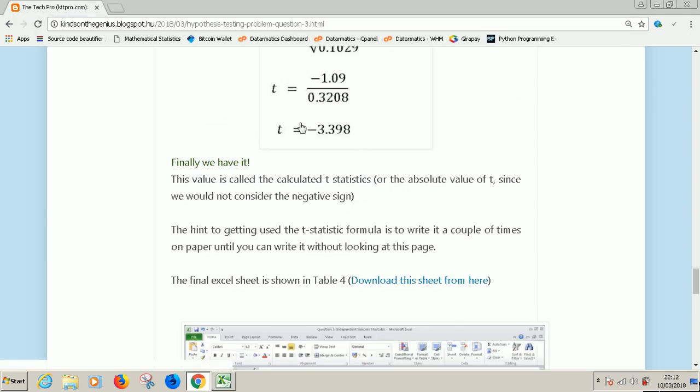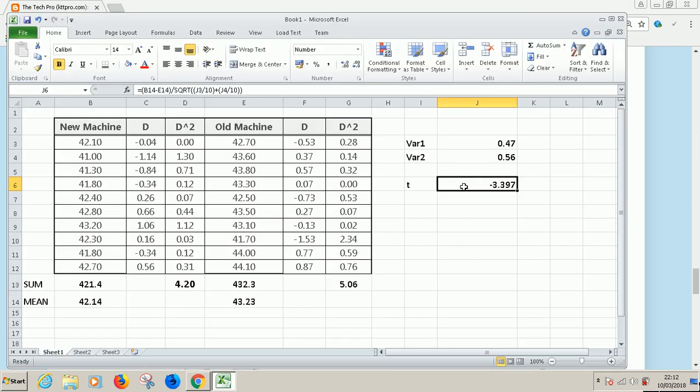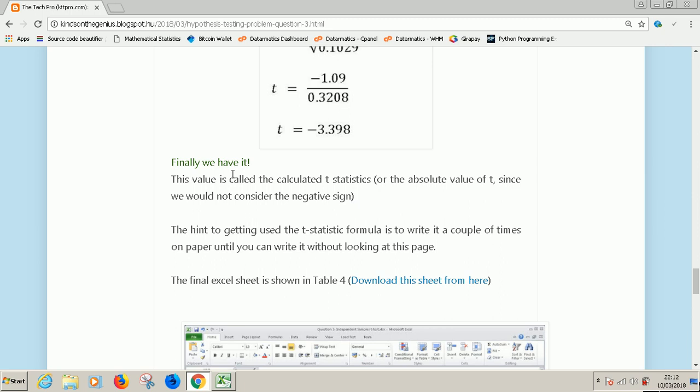So let's see, so we have 3.398 here. Here we have 3.397, which is about the same. So finally we have the t-statistic, and the next thing we are going to do is, of course, disregard the sign if we are using it to verify from the statistical table.